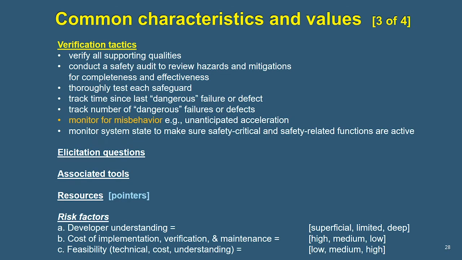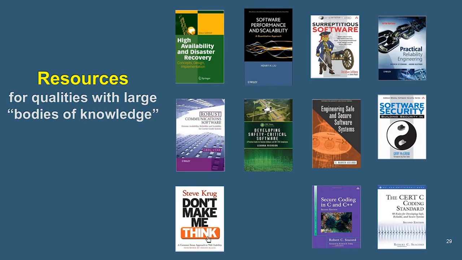Verification tactics, same thing. Sometimes, if elicitation is important beyond it's a safety critical app, then there's some questions in here. Maybe there are some tools that you can use to help you verify, for example. Resources, various pointers. Oh, look at this. People have written books about some aspect of this thing, right?